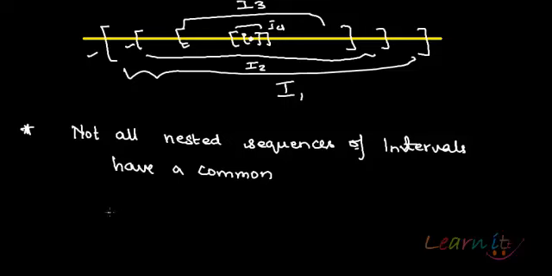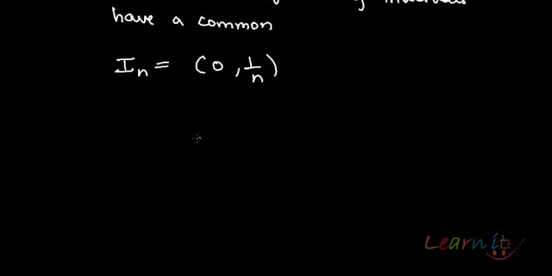A very famous example for that is, let's take In as the open interval 0 to 1 by n. Then what will happen if In is equal to the open interval 0 to 1 by n? The intersection of all these In's, n of course greater than or equal to 1, will be phi. You will not get anything in common.